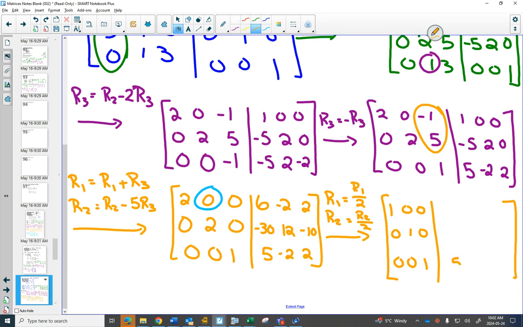Row 3 hasn't changed. Row 2 now, negative 15, 6, and negative 5. And row 1 is now 3, negative 1, and 1.